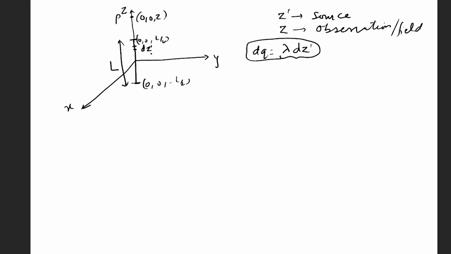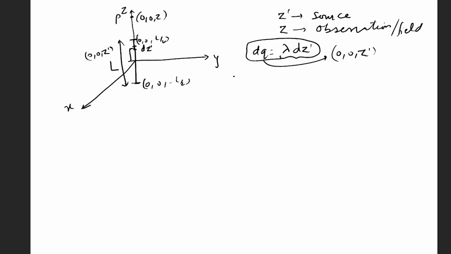Now let us say this element is lying at the coordinate given by 0, 0, z prime.